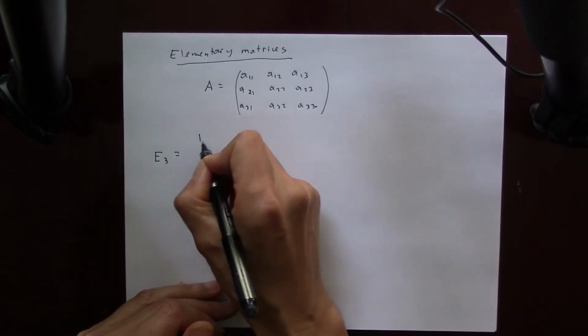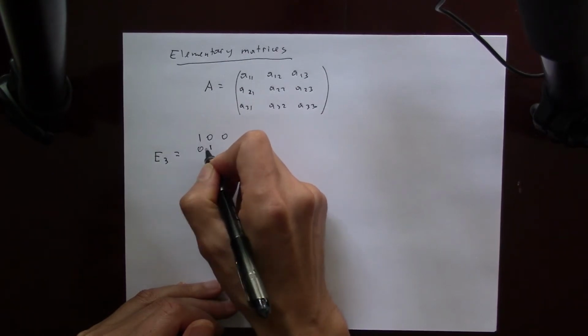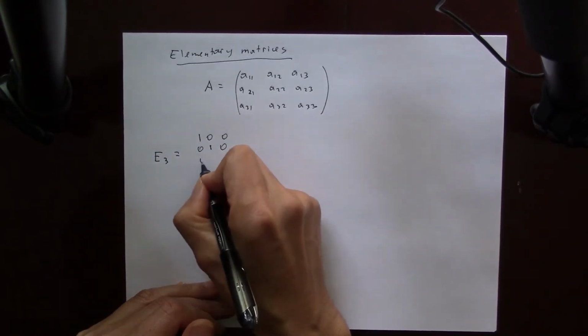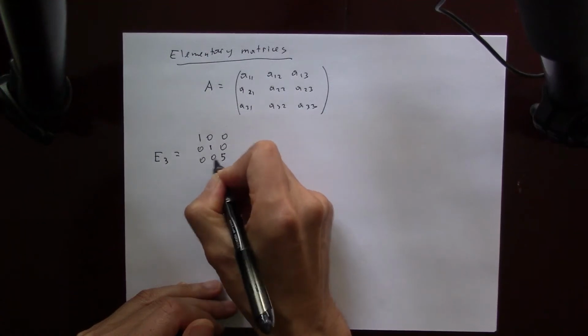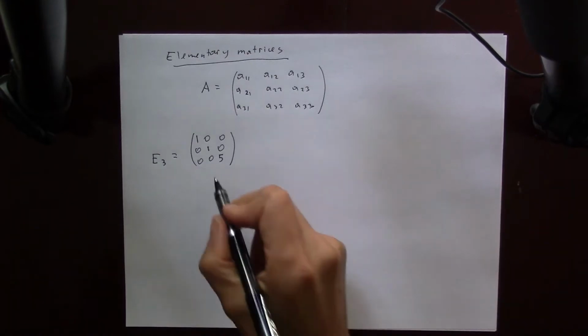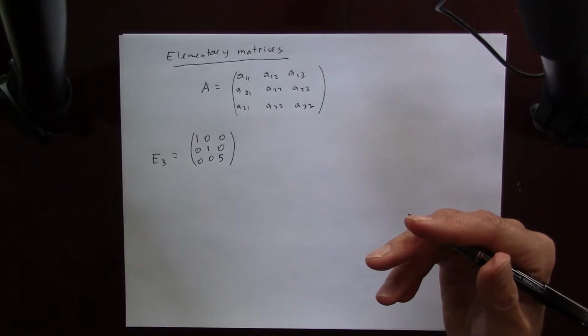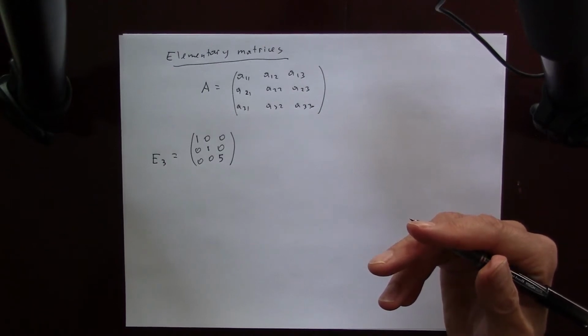It's basically almost your identity matrix. The only catch is instead of 1, we have 5 or something like that on the main diagonal, the third element on the third row.